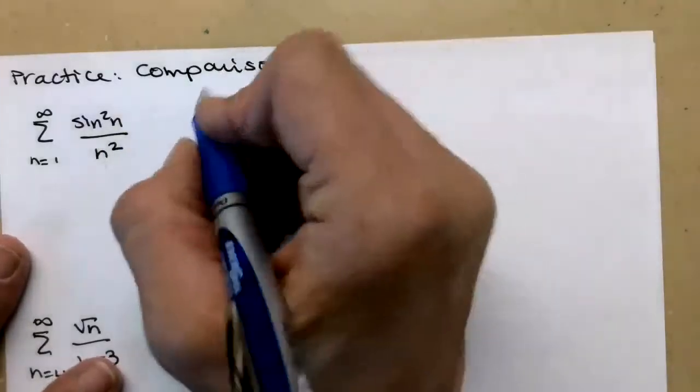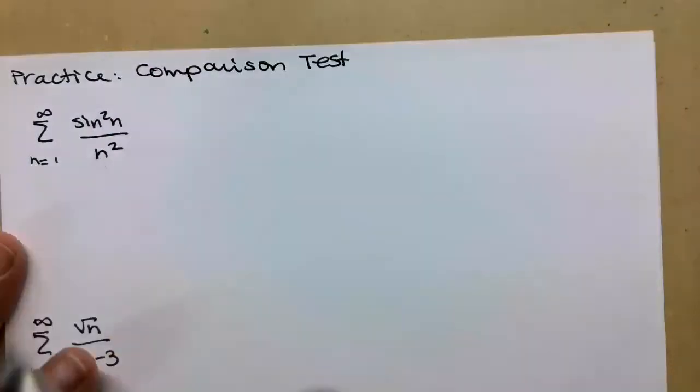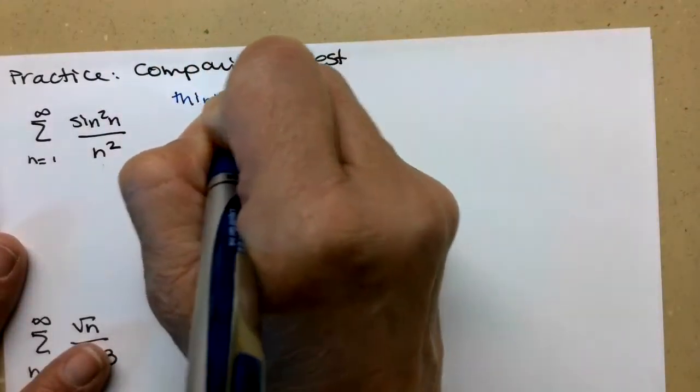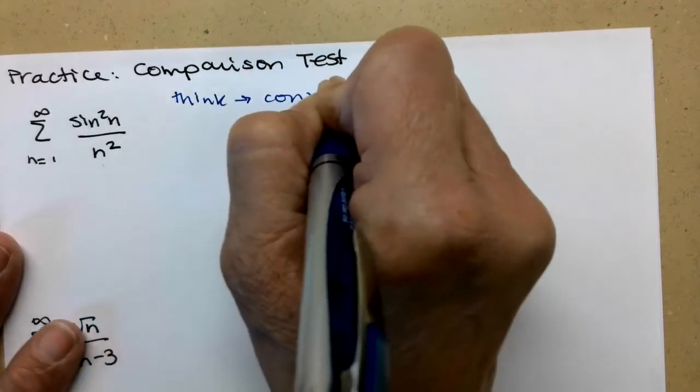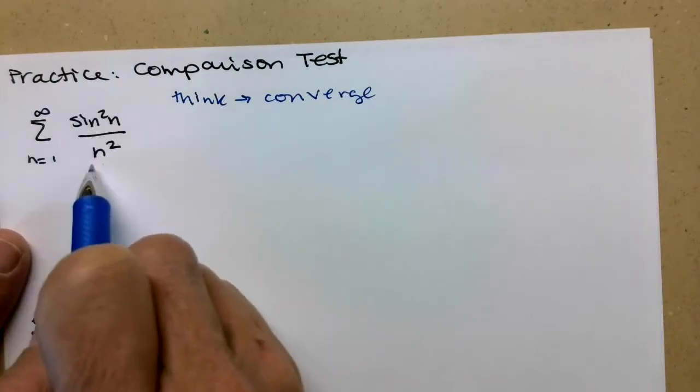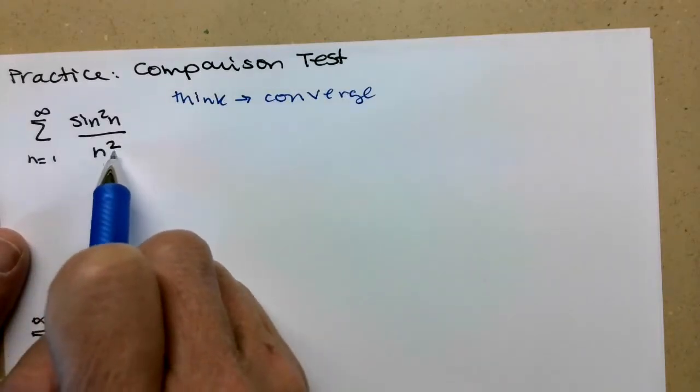So I might choose something. I think it's going to converge, because that top's not going to get very big and this bottom is n squared, so I have a p-series with p bigger than 1.